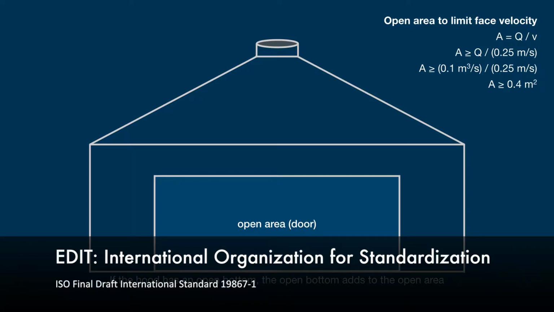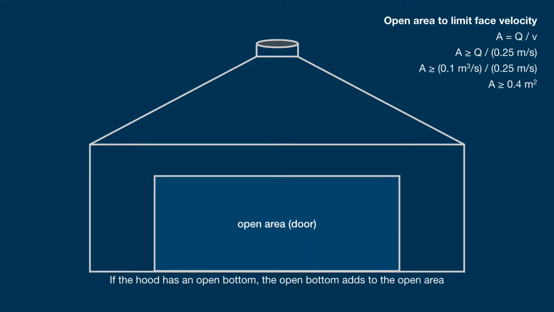Also, you need to assume a volumetric flow rate. Many blowers are designed for an installed volumetric flow rate of about 0.1 cubic meters per second. You should use your real-world volumetric flow rate, but assuming 0.1 cubic meters per second, the minimum open area of the hood should be about 0.4 square meters.